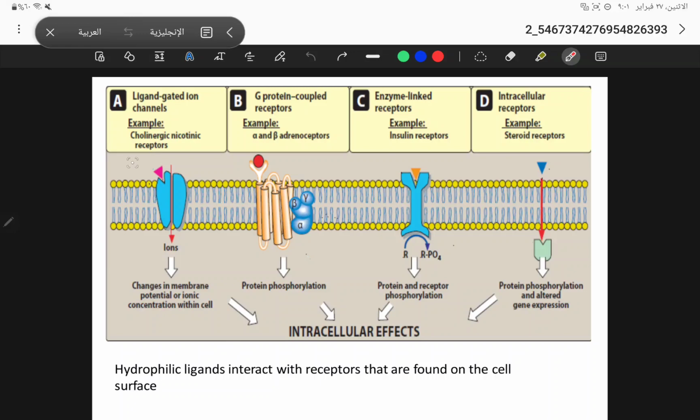Depolarization means activation. Normally the membrane is positive from outside and negative from inside.